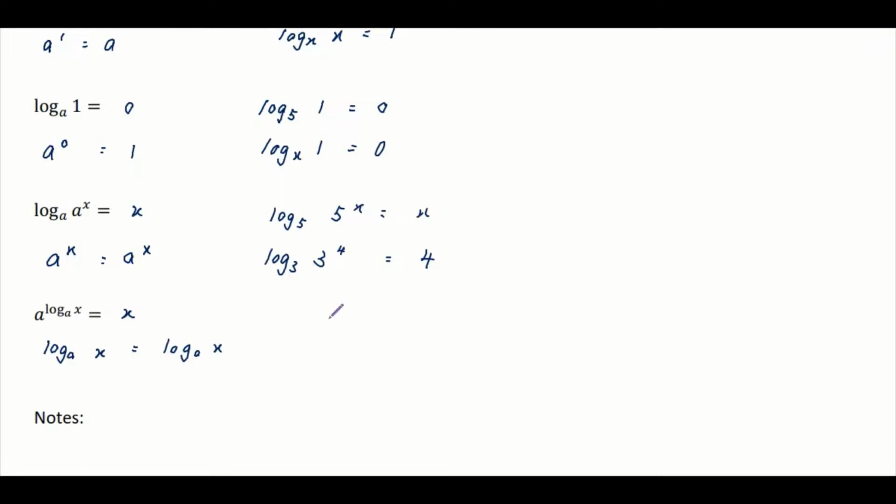Okay, so meaning that you can just remember it as long as I have, for example, log 5 of 5^3, then this one will give me the answer of 3. Okay, so if I have log 10 of 10^5, this one will give me the answer of 5.